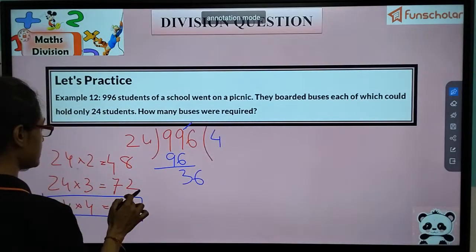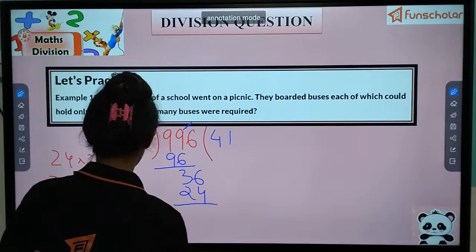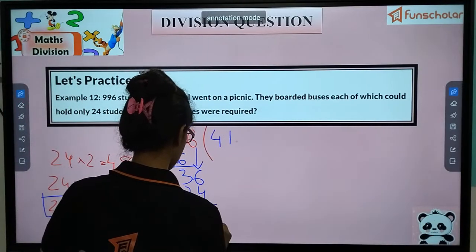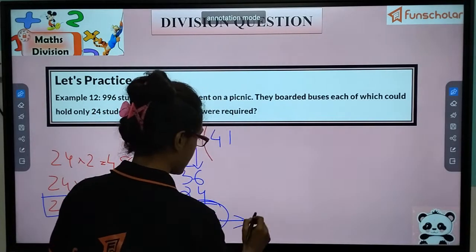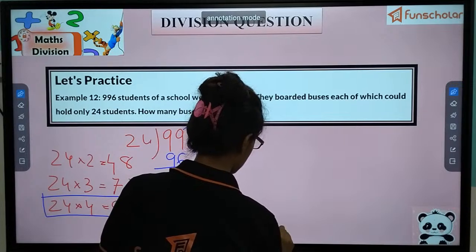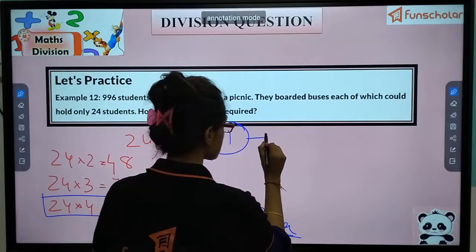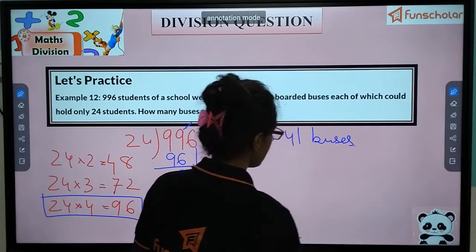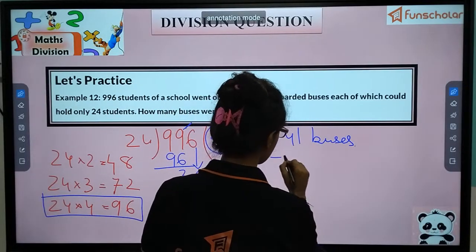Okay, so 36, so 24 into 1, 24. So 12 students are extra. Okay, so we need 41 buses confirmed, and another bus.